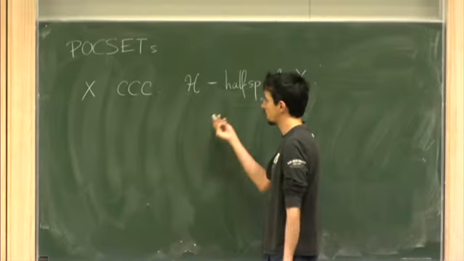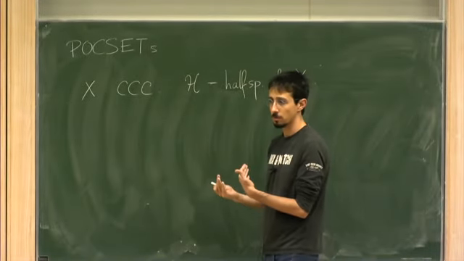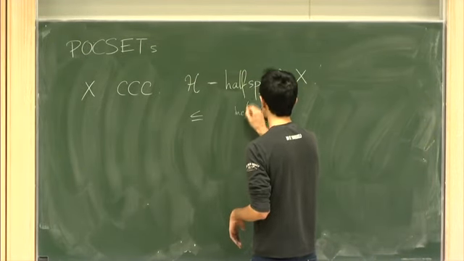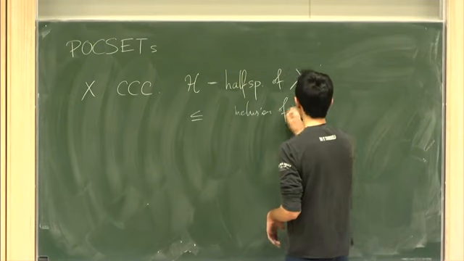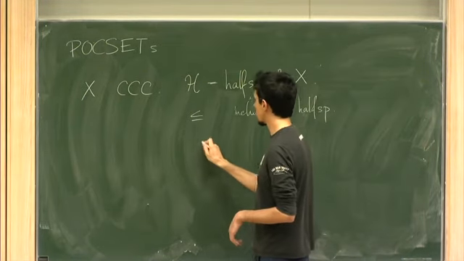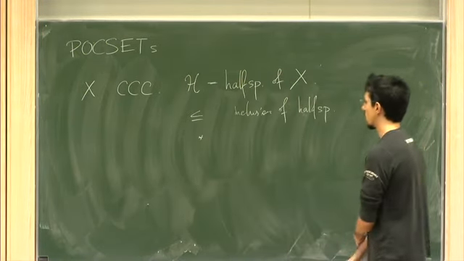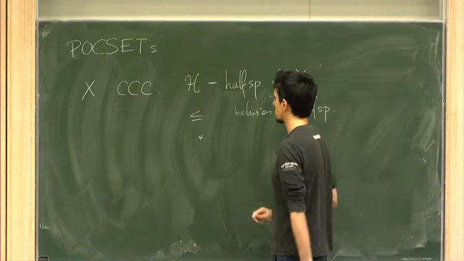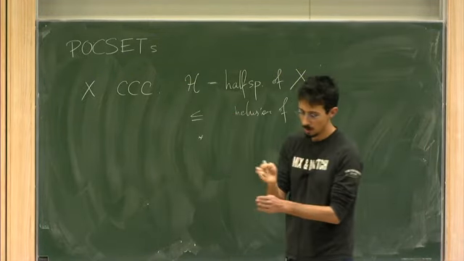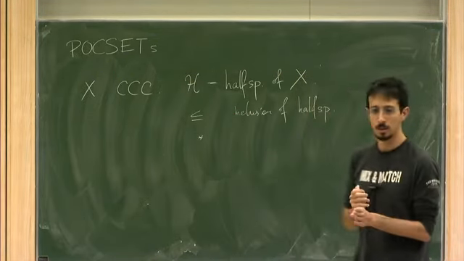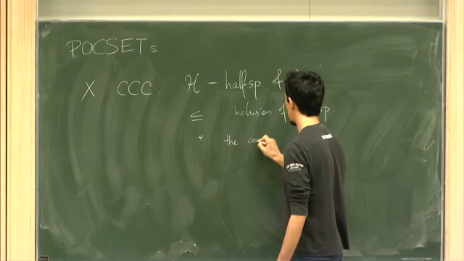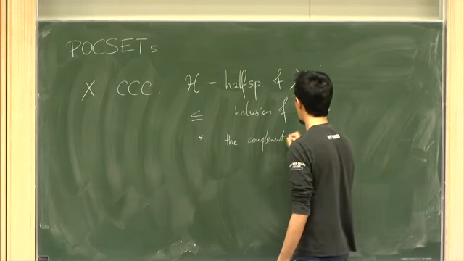The first is a relation, which is inclusion of half spaces. And the second one is a complement half space thing. So for each half space, there is the bounding hyperplane, and the other side, the complement, is another half space. So this is the complement half space.